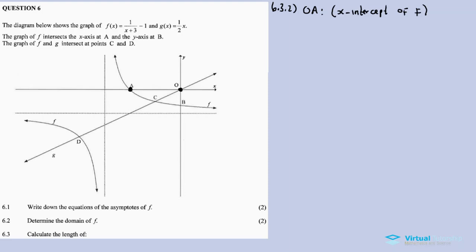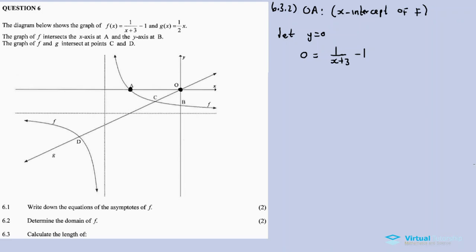right? So we let y be equal to 0, where there's y I put 0, or where there's f of x I put 0. So the equation becomes 0 equal to 1 over x plus 3 minus 1. Then you simply solve for x. This is an example of an equation with a fraction, right?